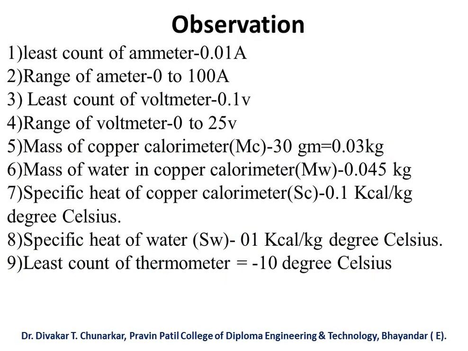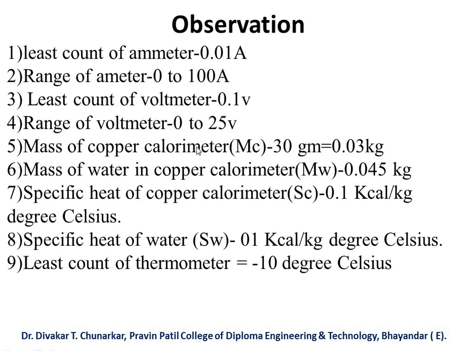In the observation table we first take the least count of the ammeter, that is 0.01 ampere. The range of the ammeter is 0 to 100 ampere. The least count of the voltmeter is 0.1 volt. The range of the voltmeter is 0 to 25 volt.